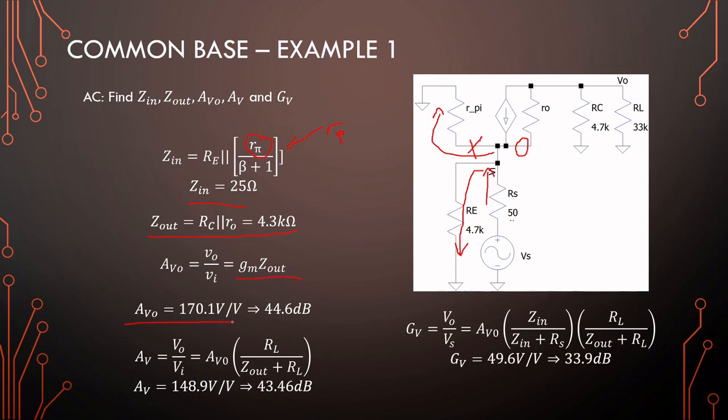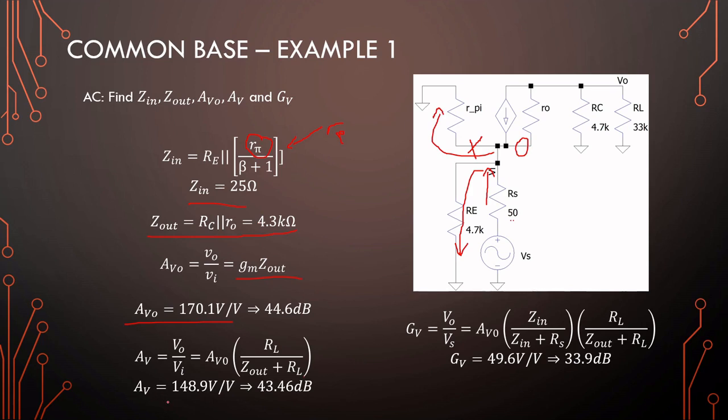So AV0 is 170.1 volts per volt, and you will recall that this is very close to the values that we had in example 1 of a common emitter. So it's exactly the same. For the gain, it's just not inverted. Output impedance is the same. Input impedance is very low.